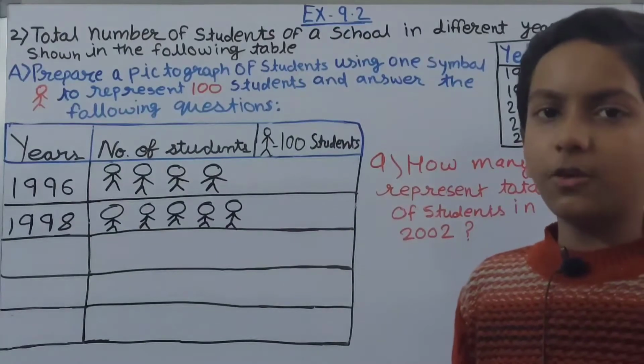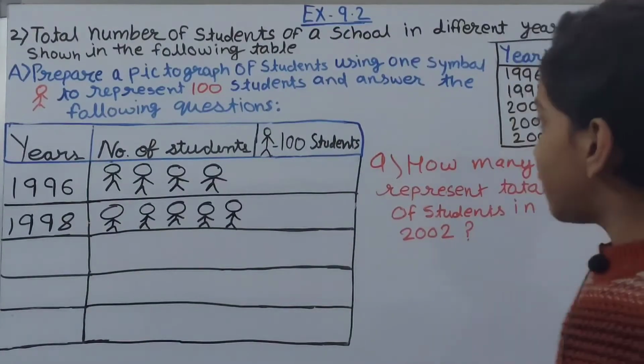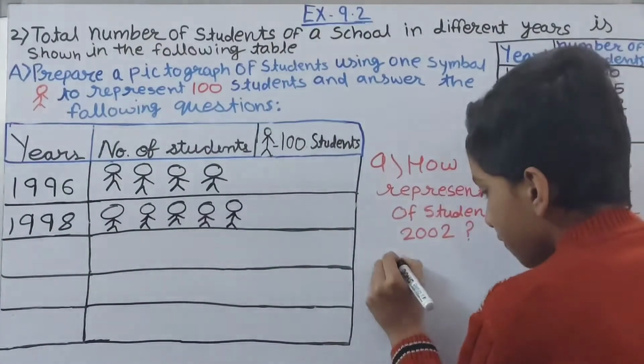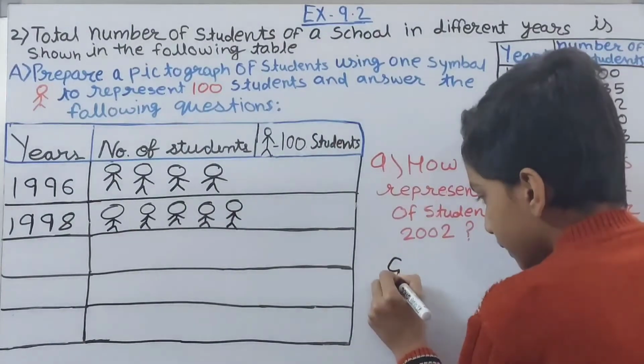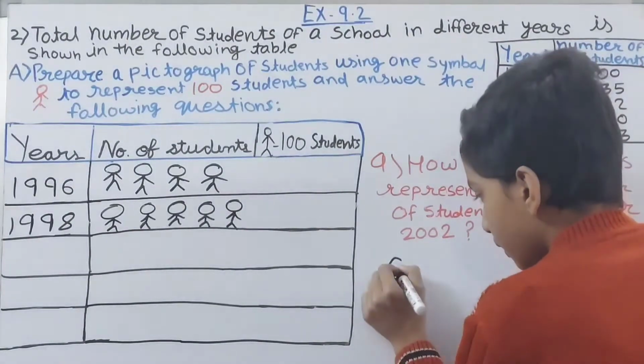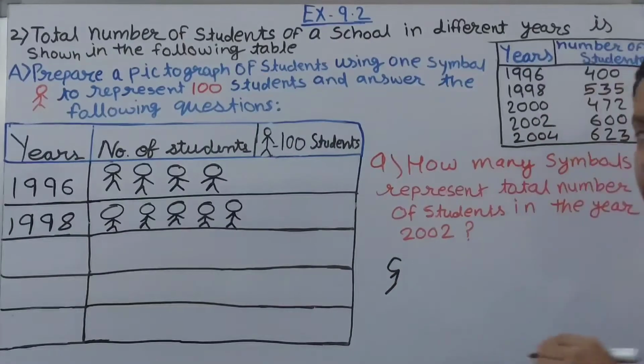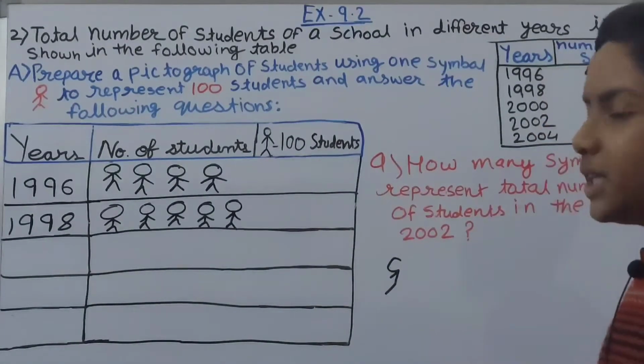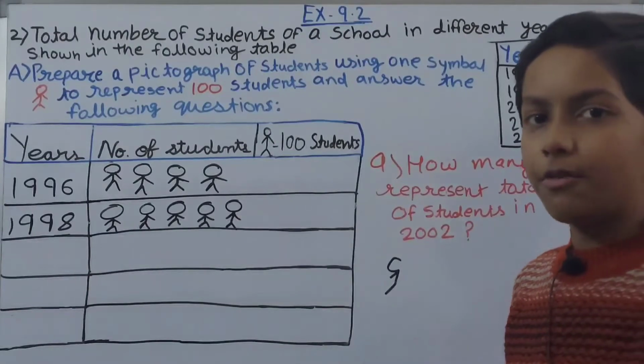So what will we do for that 35? If we make a half symbol, like this, this will represent 50 students, because half of 100 is 50.